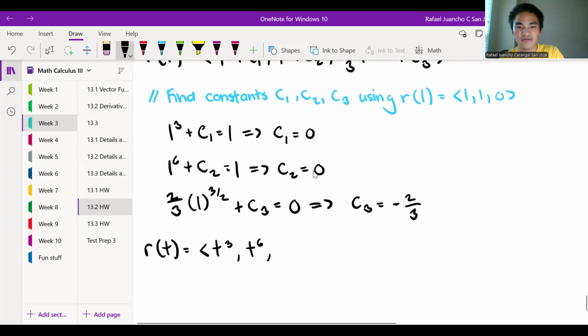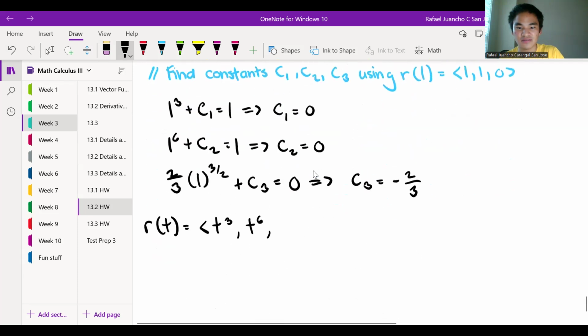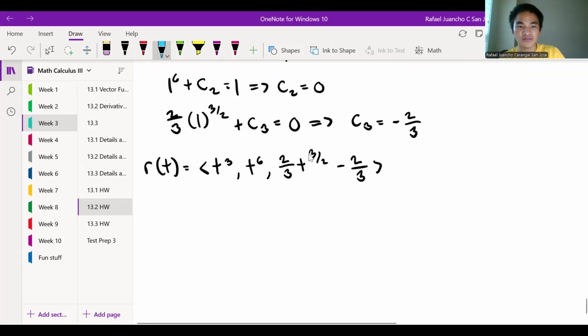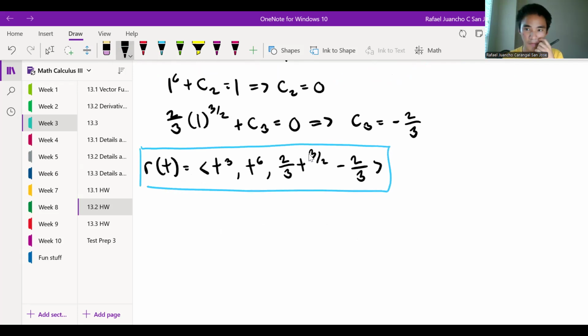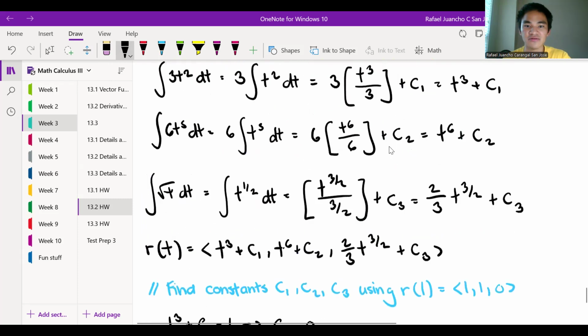And for the last one, we have 2 over 3 t to the power of 3 over 2 minus 2 over 3. Notice I didn't include the plus zeros anymore because it doesn't matter. And so here's our position vector. So that's really what integrating is. We just get the reverse.